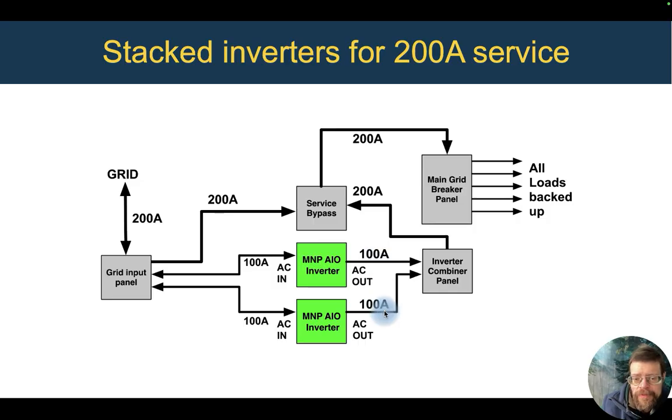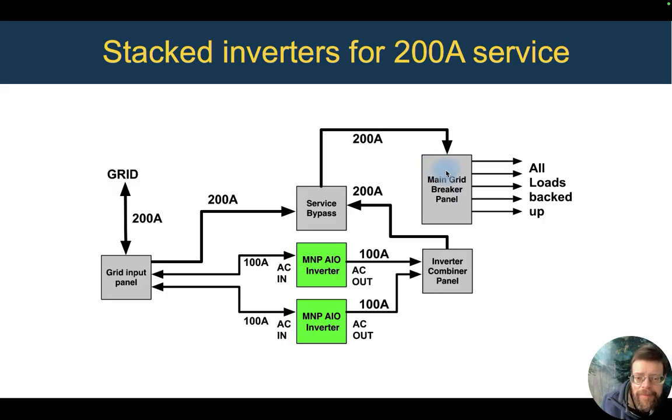Then the output of the 2 inverters feed together into an inverter combiner panel, which then feeds our service bypass, and we can select either our inverter input or the grid input and send that to what used to be our main grid breaker panel, which is now our backed up loads panel.